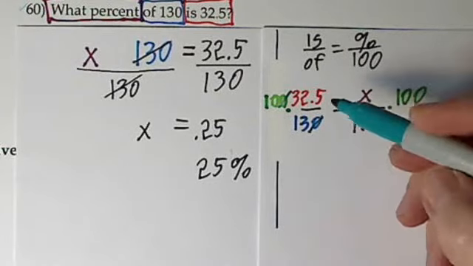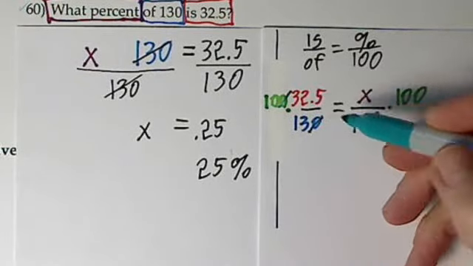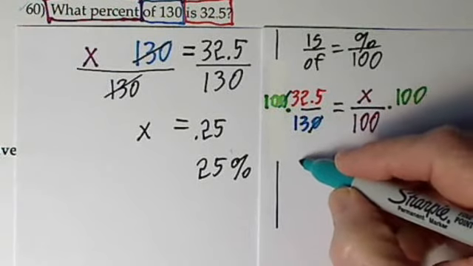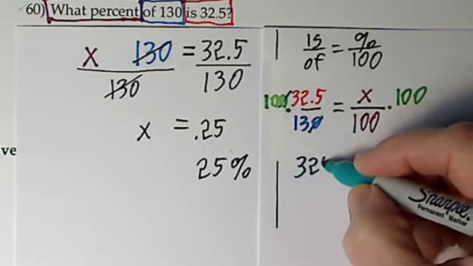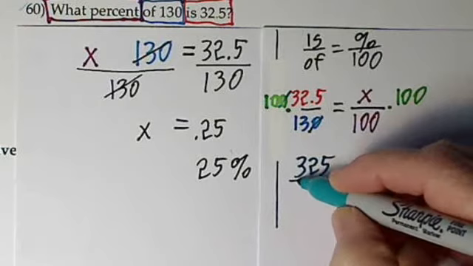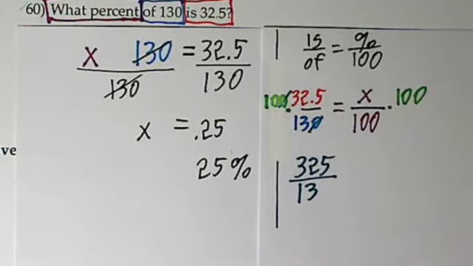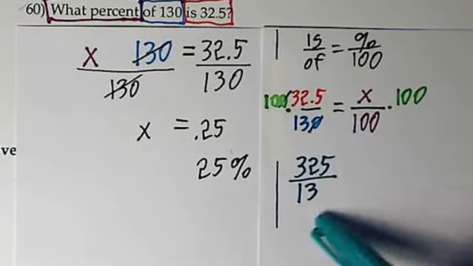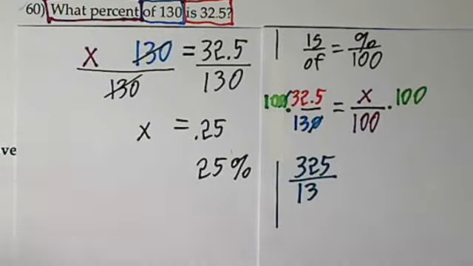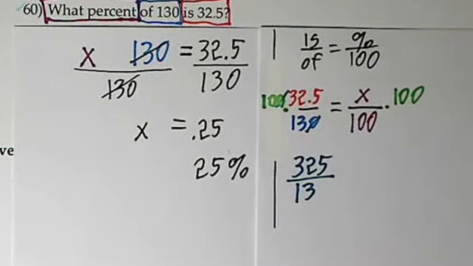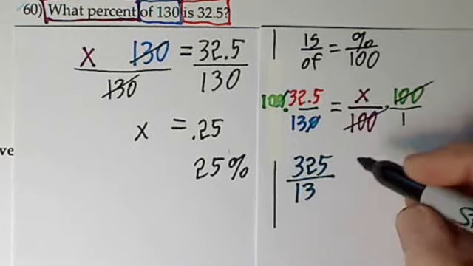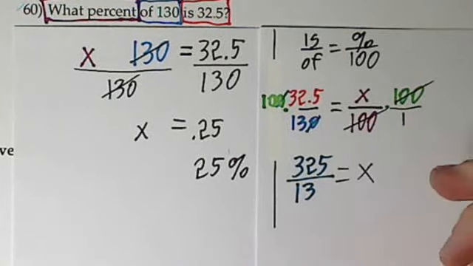Okay. 10 times 32.5 is 325 over 13. And I'm going to have to do some division here, okay? On the right hand side, this is 100 over 1, so the hundreds cancel, so you have equals x, alright?